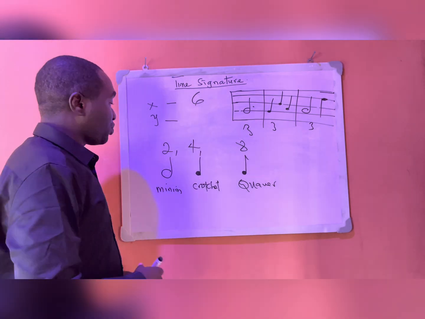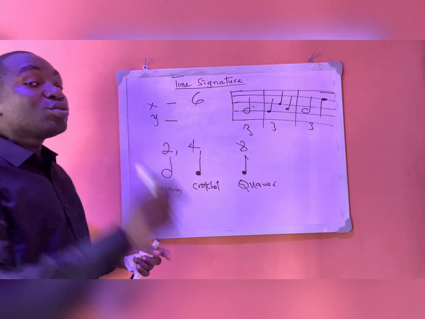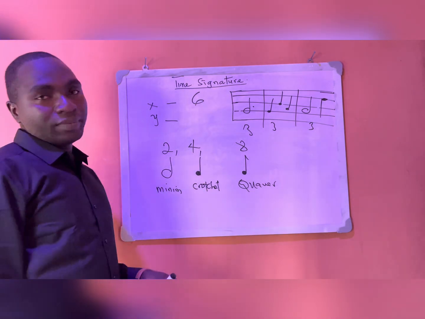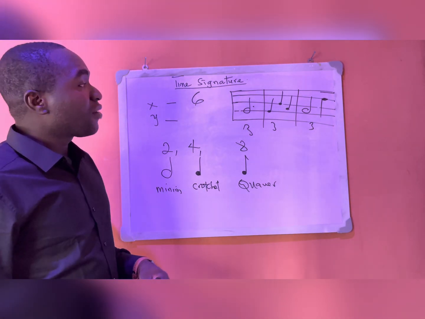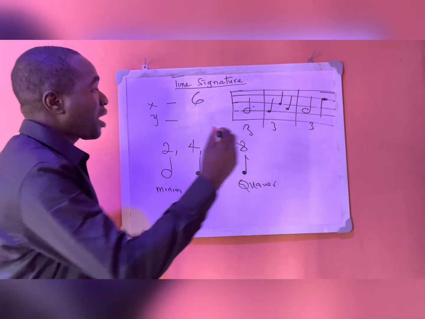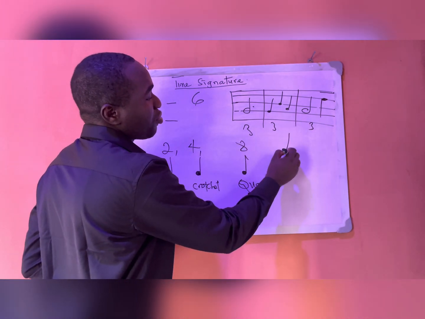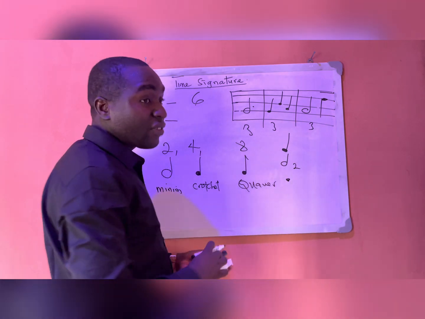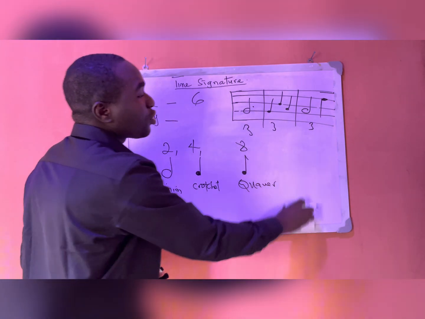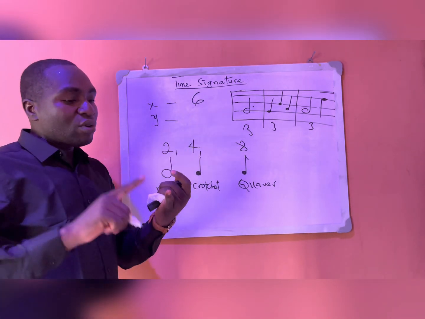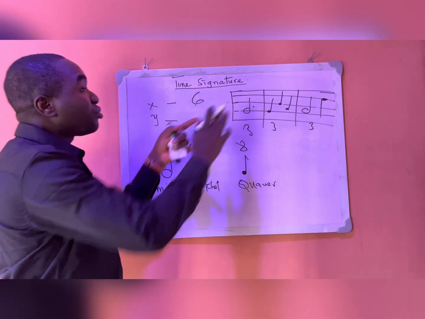That's one. Number two, the note that the author chooses is the note that will take one beat. Before now you are familiar with notes and their values: our crotchet is 1 beat, our minim is 2 beats, our quaver is half a beat. You are familiar with all of those. But when it comes to time signature, the figure below tells us, number one, what type of note is used in writing the music.